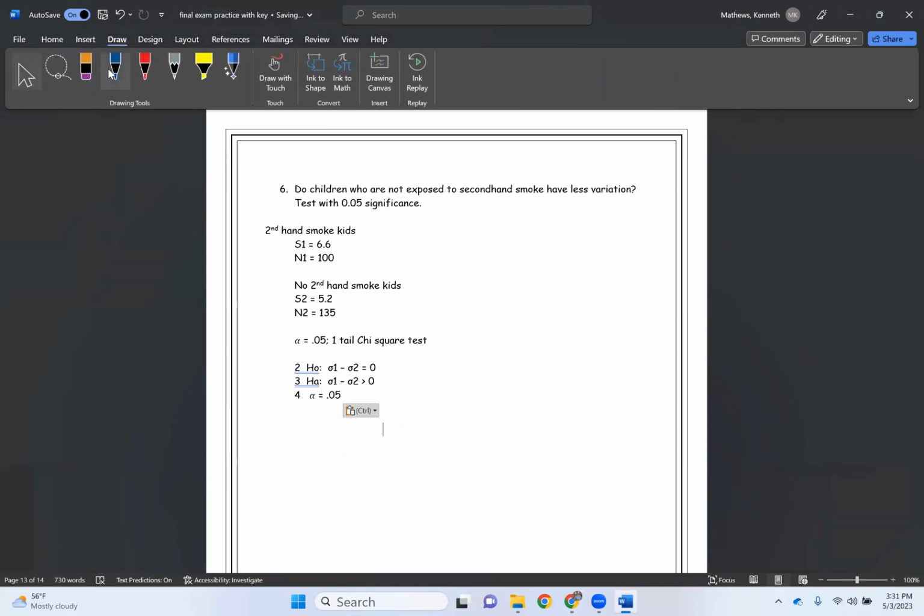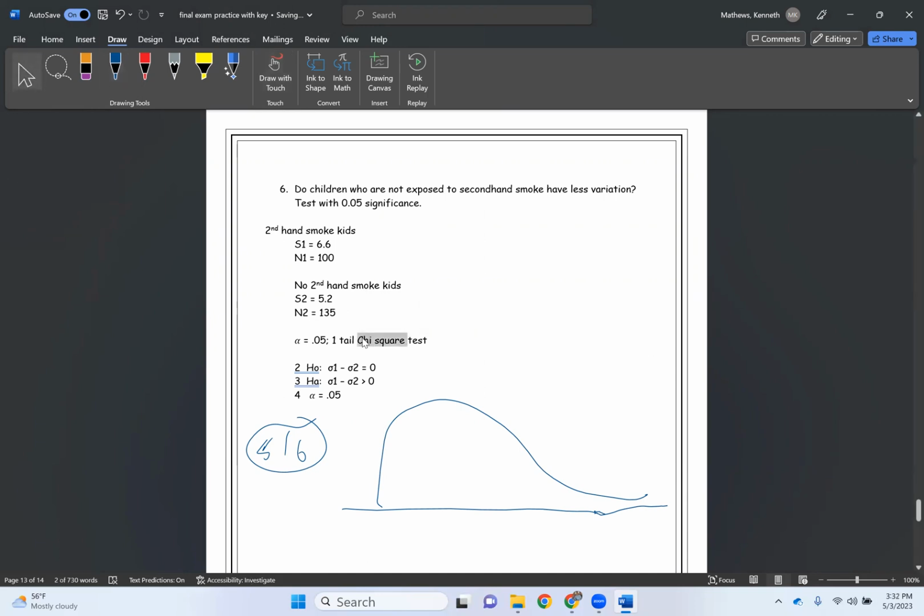Let's go to draw. And we'll make our, so this is 5 and 6. So here's our chi-square. Wait a minute, this is not chi-square, this is F. So it's a one-tail F test, not chi-square, because remember, two standard deviations is an F test. All right, so this is F.